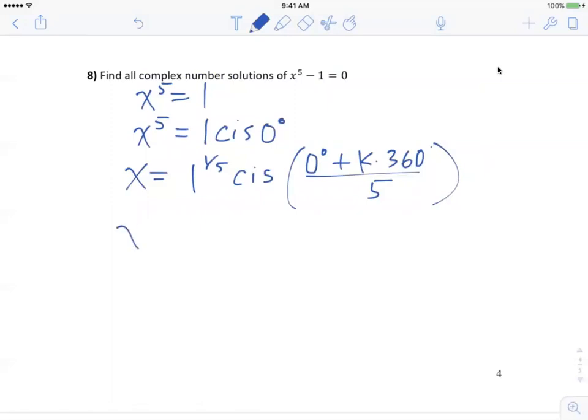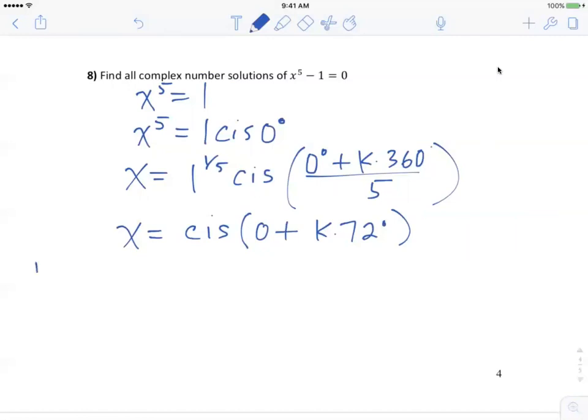This is going to be the same as, okay, 1 to the 1/5 is just 1, so I don't even have to write that. This is just cis of 0 plus 360 divided by 5, 72. Right? Cis of 0 plus 72, or just k times 72.